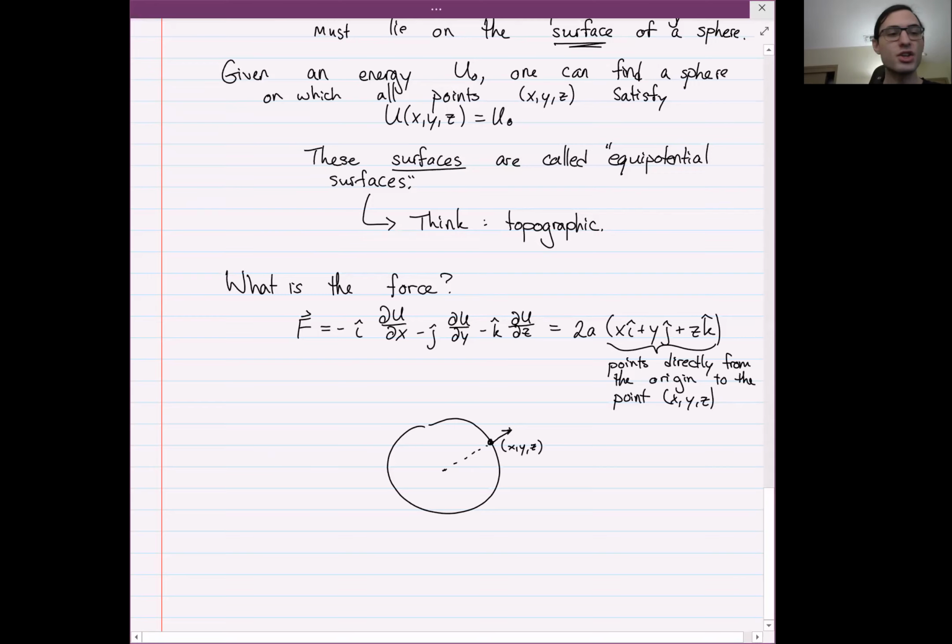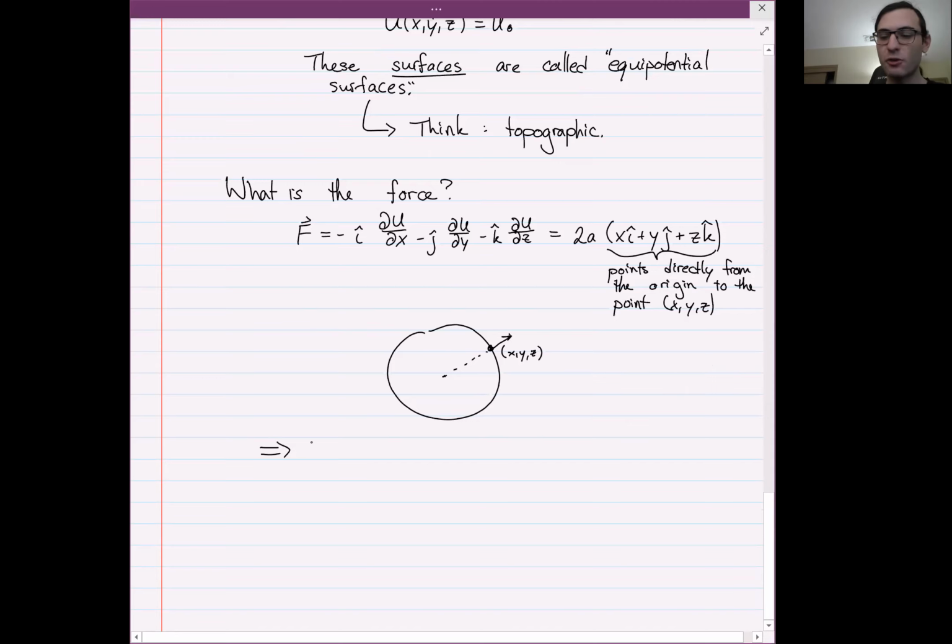So the implication here is that the force points perpendicular to the spheres. This is a right angle here. The force points away from the center of the sphere, and the sphere goes not in that direction.